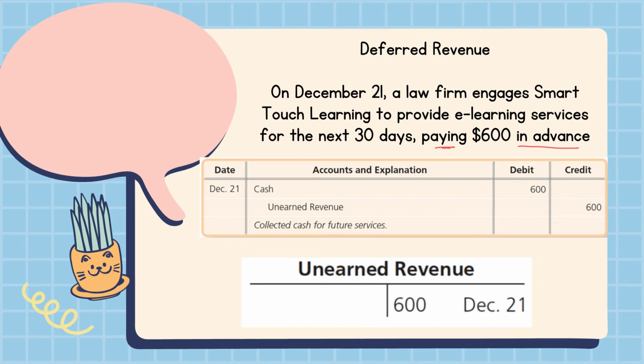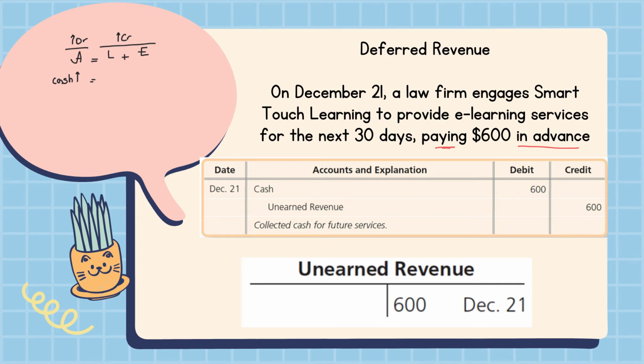Again, the accounting equation is assets equals liabilities plus equity. Assets increase in the debit, while liabilities and equity increase in the credit side. Now, I received cash in advance, so cash will go up. Cash is an asset account. Did I provide the service yet?